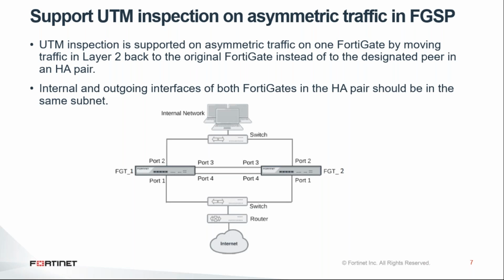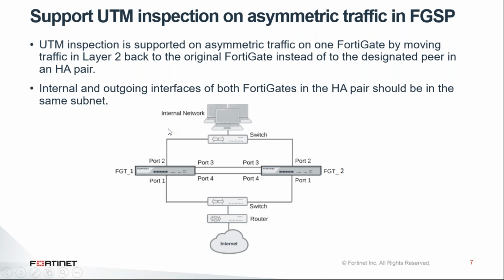Now, this functionality adds some nice features. In case, for example, traffic is sent on FortiGate 1 and comes back via FortiGate 2, in a normal situation you have asymmetric routing, and the traffic will not be forwarded; it will be blocked.